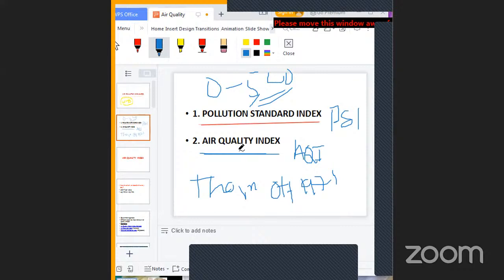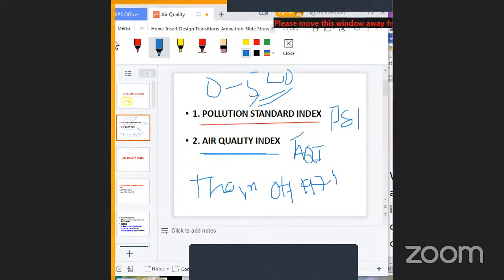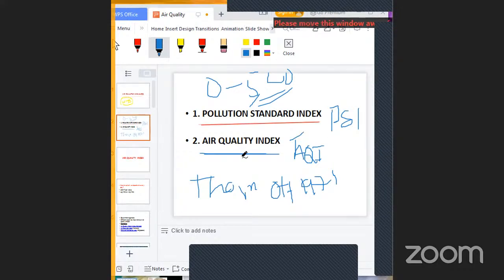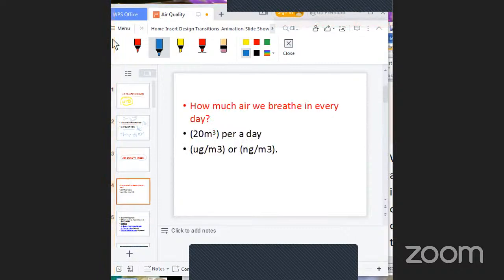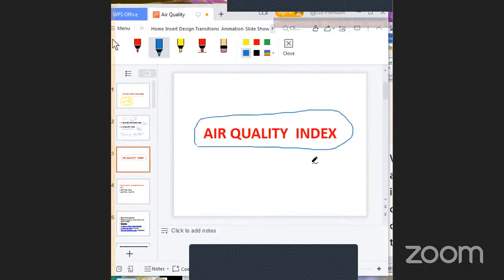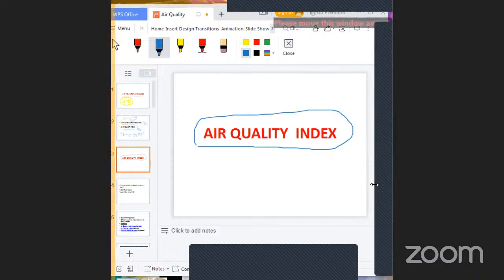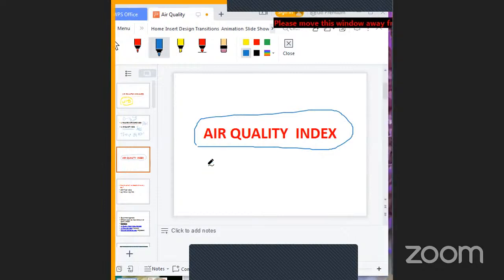So I will tell brief about this air quality, right? So you see here, air quality index. So this is an important question in your examination, right? So when the air gets polluted by various factors such as gases and chemicals into the atmosphere, what is that called?